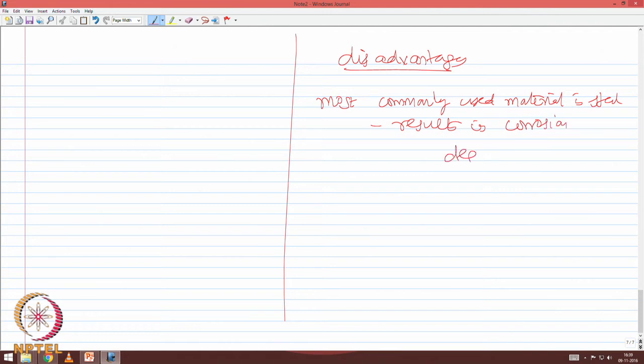Let us say material degradation leads to loss of strength. As a result, it has got a reduced service life. Now, considering these disadvantages, offshore structural engineers wanted to go ahead with a new structural form which can overcome these demerits.